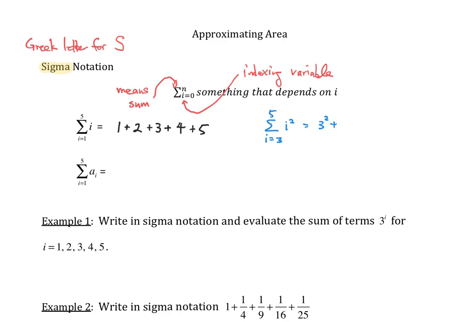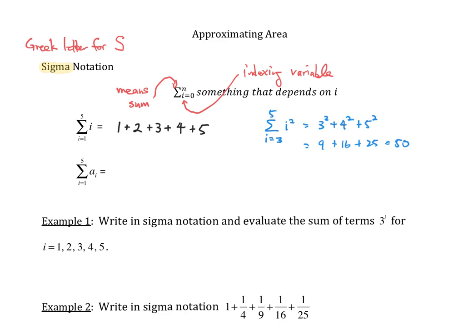When i is equal to the next number, which is 4, you get 4 squared as the second term. Plus, when i is equal to 5, we get 5 squared. And then we stop there because the upper part here is 5. So that means we're stopping at 5. Okay? And then, in this case, we could simplify this. So this would be equal to 9 plus 16 plus 25. That would total 50. All right?